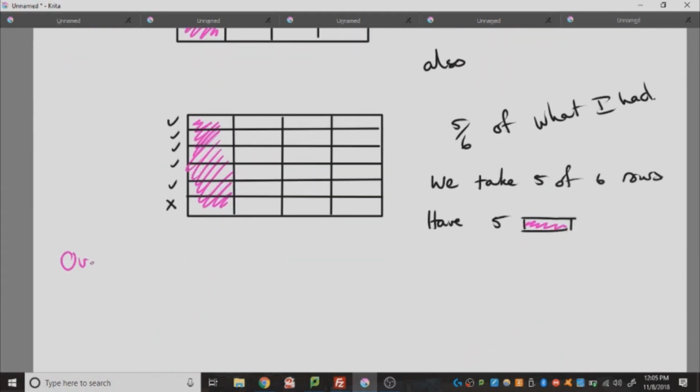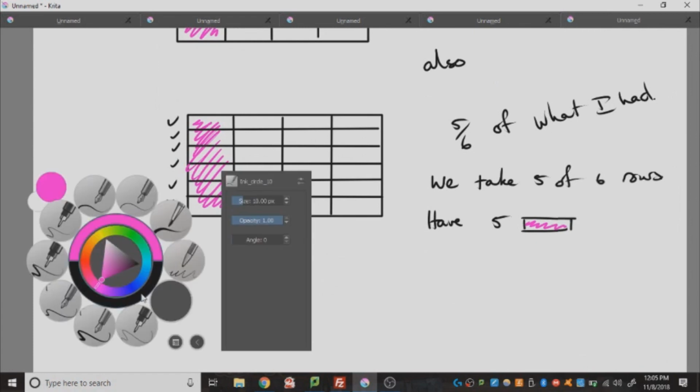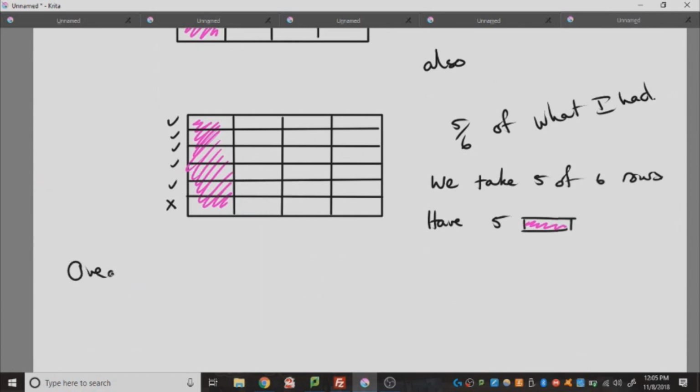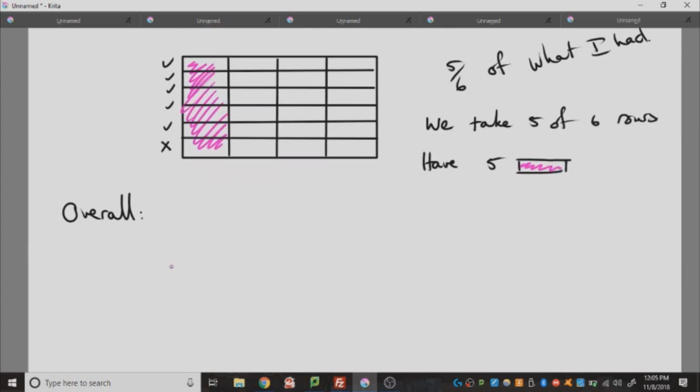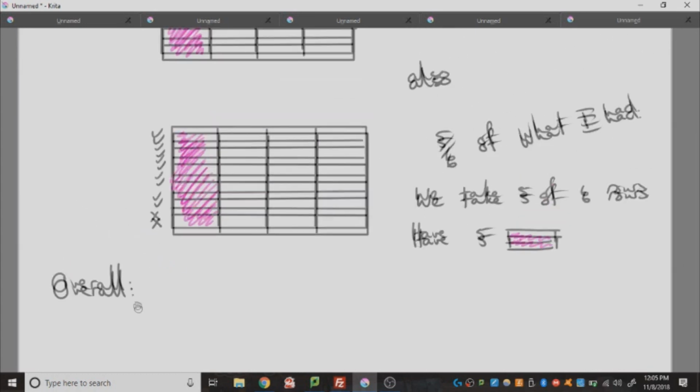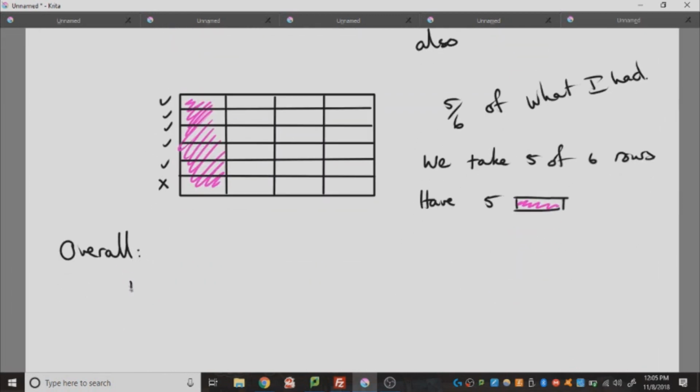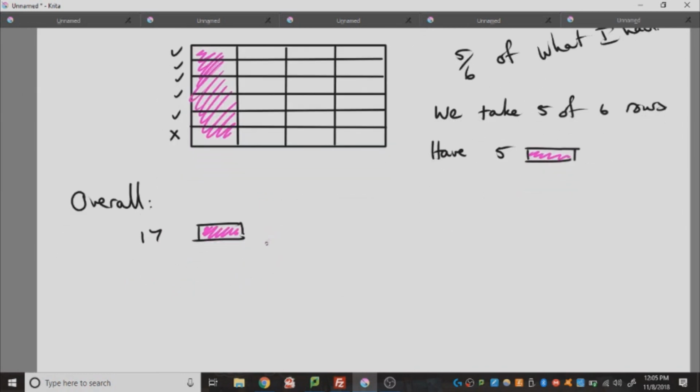So overall, oops, overall, what do we have? Well, we have 17. 17 pieces. My pink sections expanded a little bit to 17.